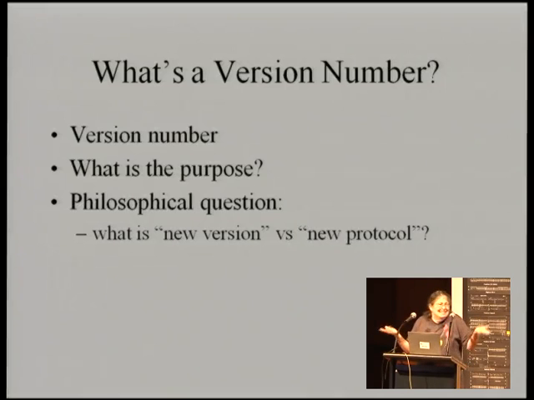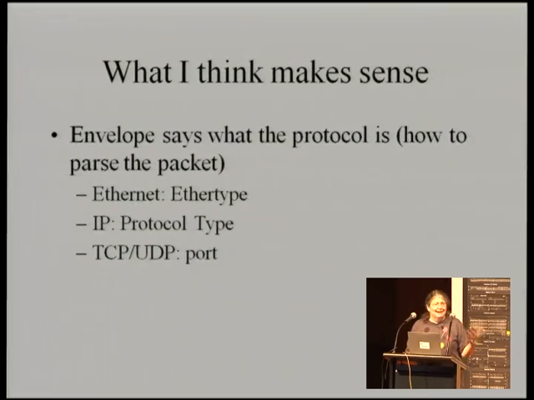In what sense are they any different? Is one so different that it's a new protocol and the other one's just a new version? Well, the only thing that I think I've ever seen that makes sense with a version number is that an envelope says how to parse the packet. It says what protocol is inside.